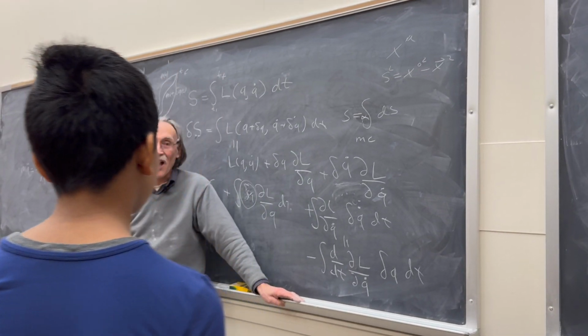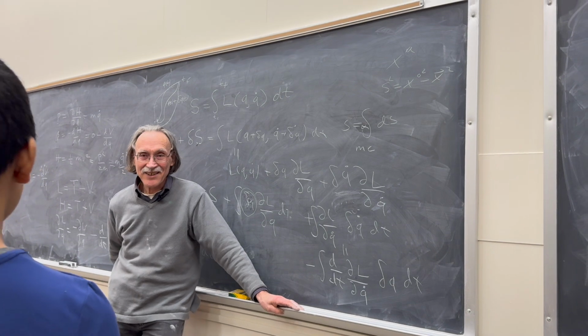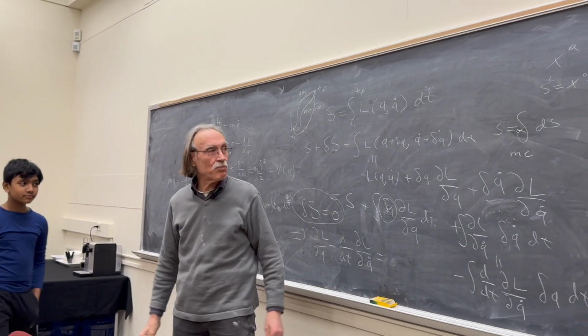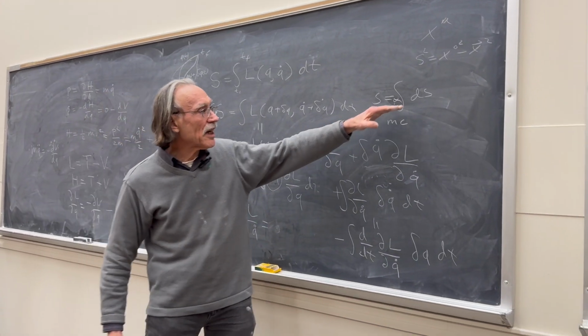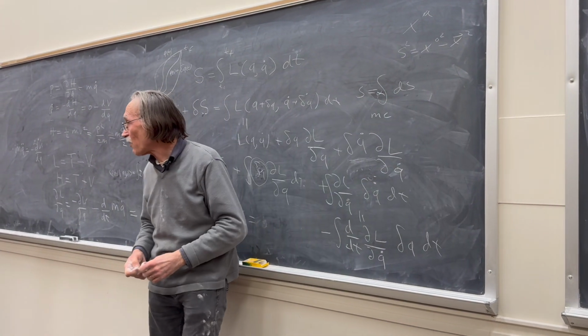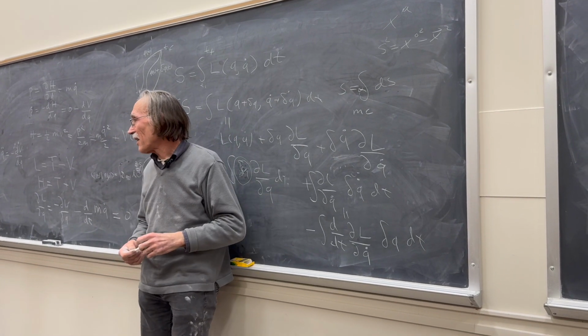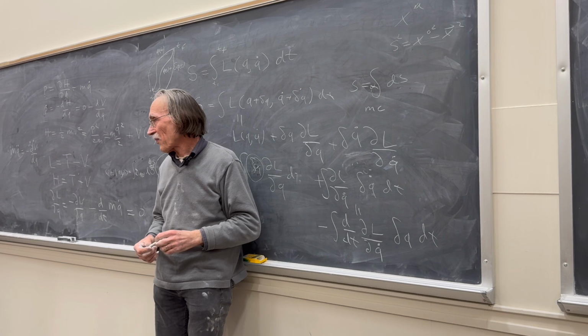Mass times the speed of light. Oh, so... And you do that by actually deriving the equations of motion from this one, by doing what I did here, a variational principle.